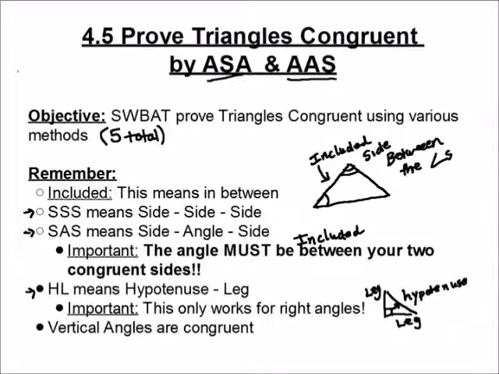And then vertical angles are congruent. So anytime I have 2 angles that are across from one another, the angles are going to be congruent. So the top and the bottom one are congruent. Let's go ahead and see if we can color code that. I should have color coded it.